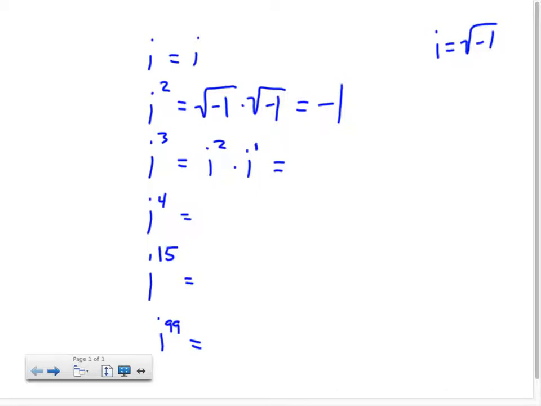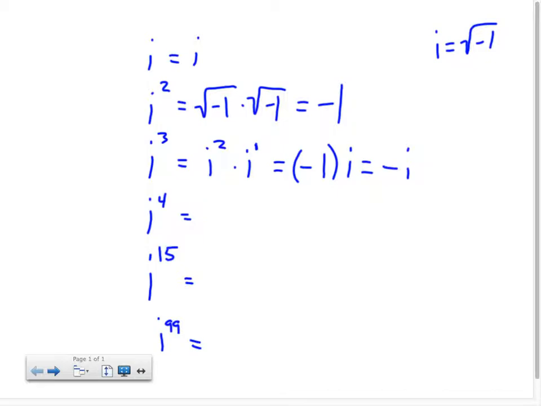And we just said i squared is -1, so I can replace i squared with -1. So I'm going to have a -1 times i, which simplifies to -i. So i to the third power is -i. You're always going to want to simplify i to the third all the way down to -i.